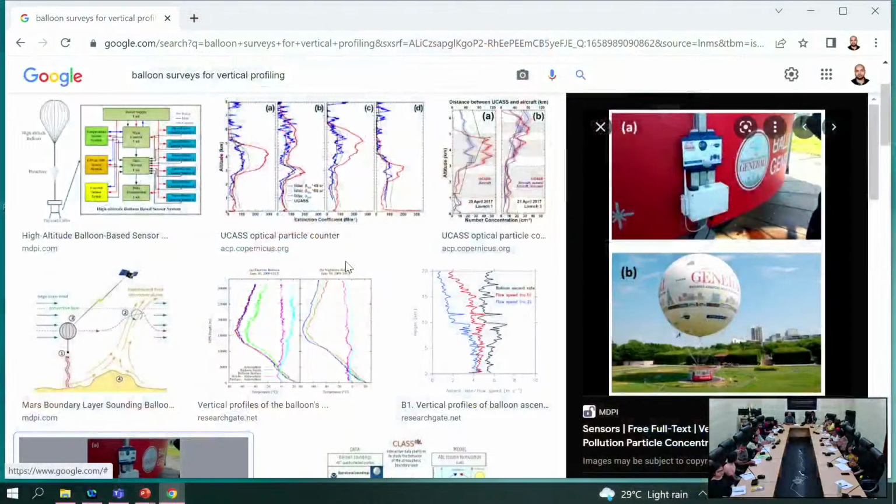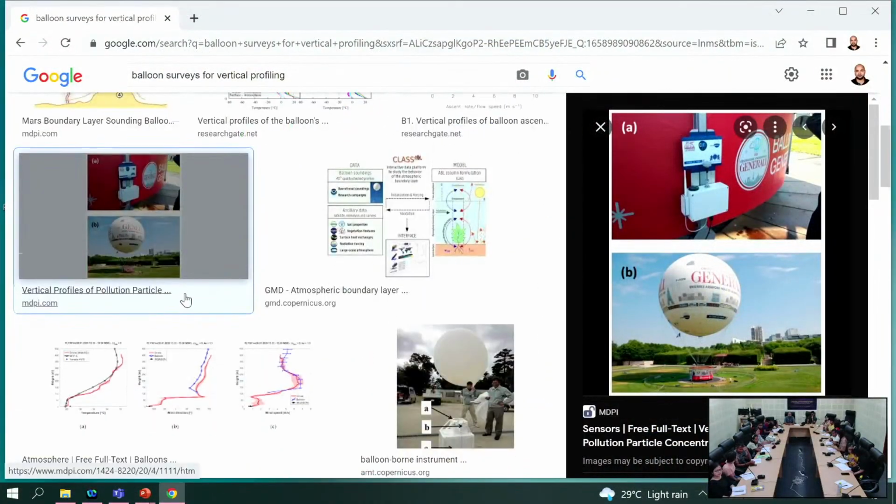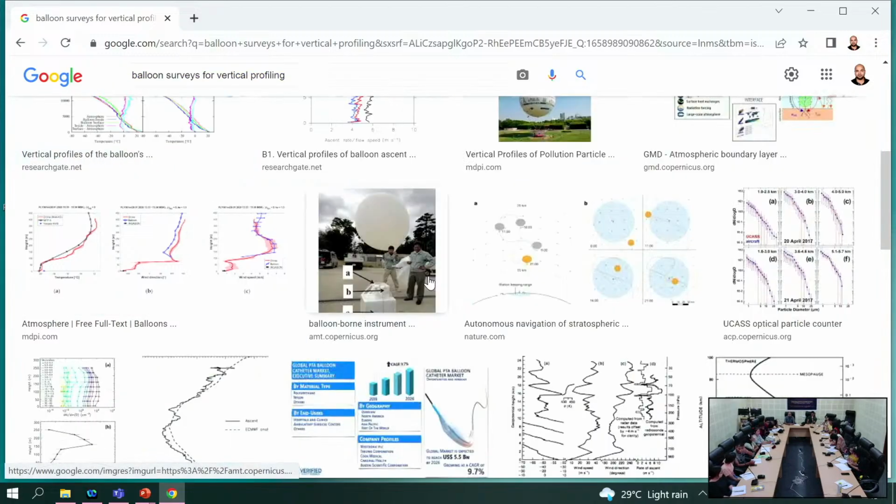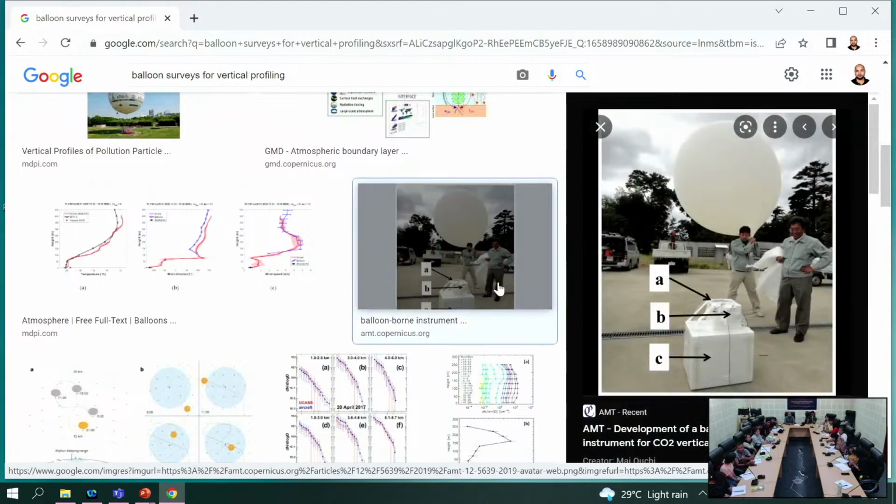So basically, these kind of balloons are used.